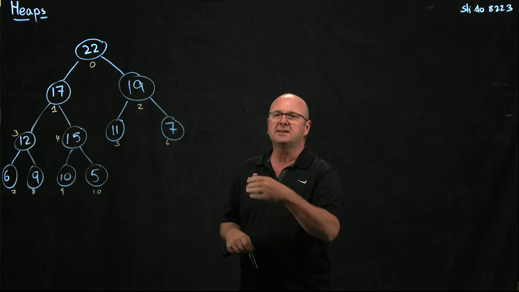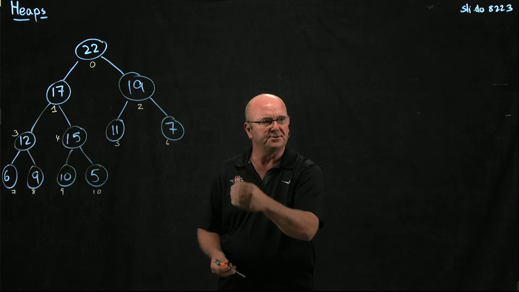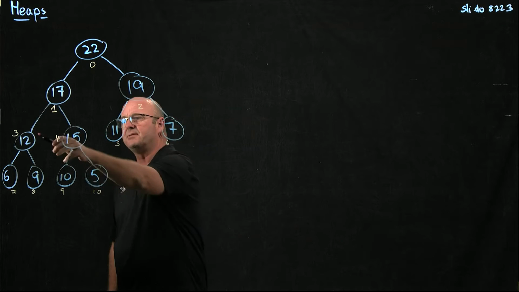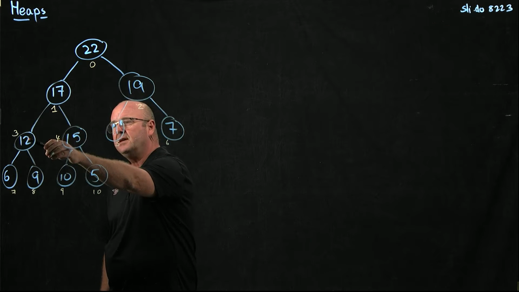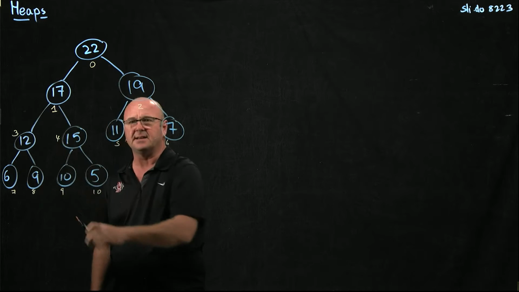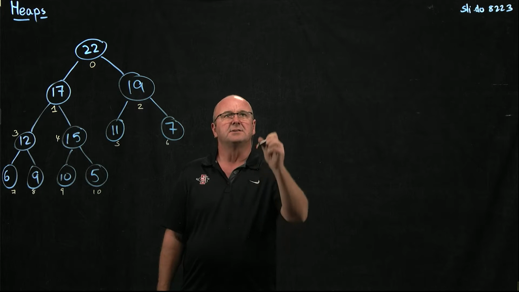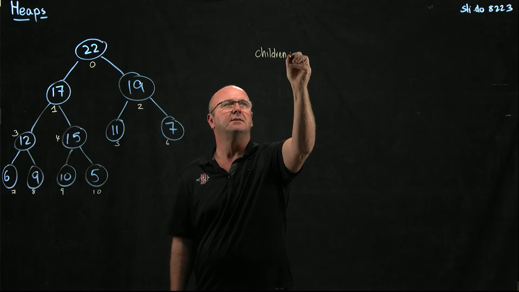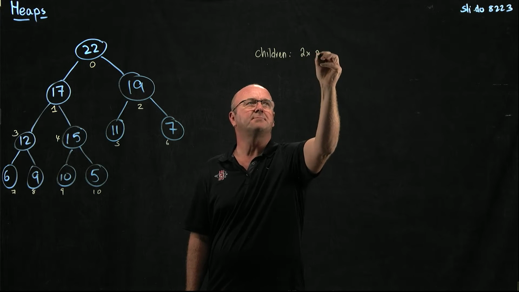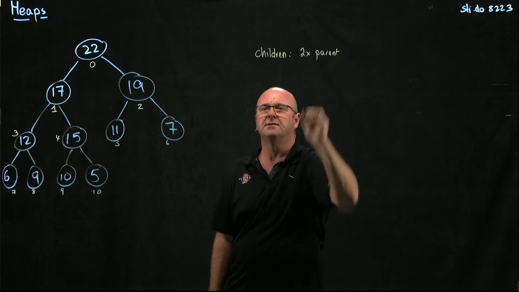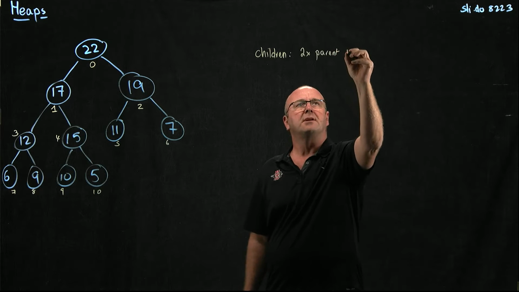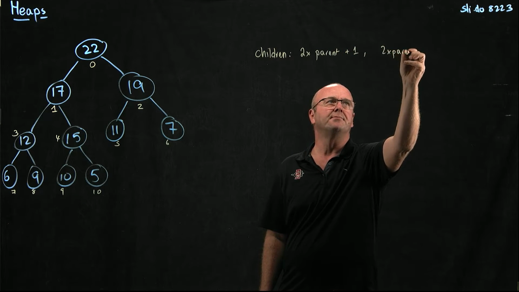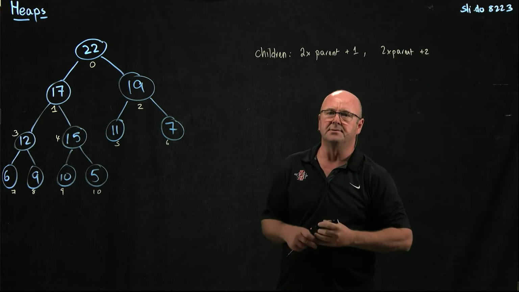So if we look at these nodes, there's a relationship between the children and the parents. If we take a node, for example, node 3, its children are 7 and 8. So the children are 2 times the parent plus 1 (3 times 2 is 6, plus 1), or 2 times the parent plus 2.